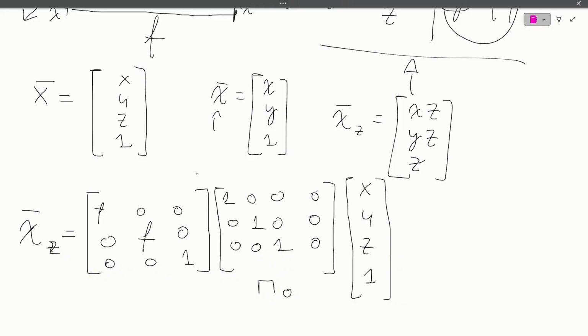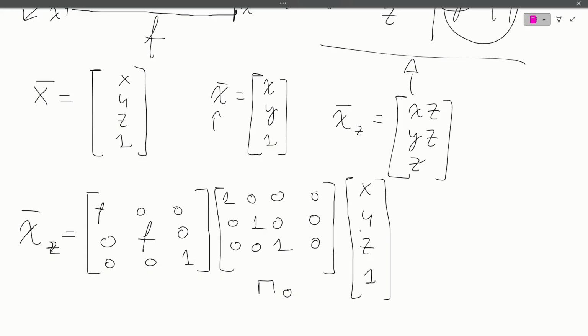Or you can first do this product and then multiply to the vector here, but it's the same. I prefer to think about it as first deleting z and then multiplying by f. So this is the calculus, just that. What's the problem?